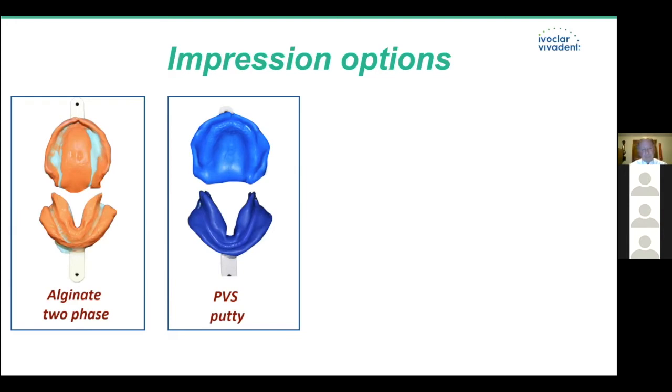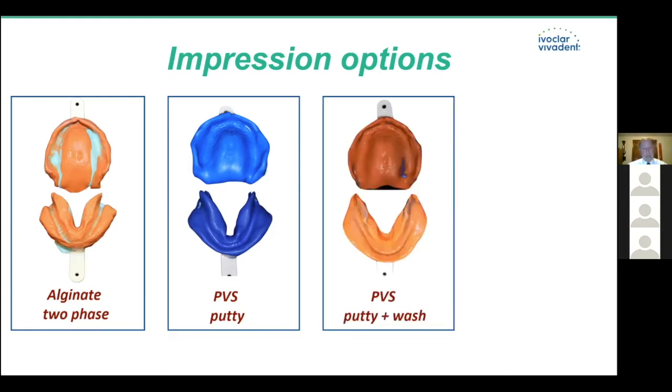It's got like 2 minutes working time, I think, and 4 minutes to set. But it gives me a chance to go in and really seat it properly, and it gets up into the sulcular areas very nicely. And gee, I take some pretty darn nice impressions with this material to start with. So I like this. It's really becoming a little bit more favorite than the alginate.